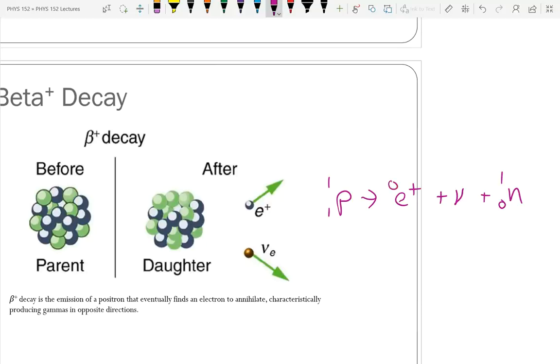What's the subscript going to be for this positron? 1 is equal to 0 plus 1. And so that's how you balance the beta plus decays. The positron is a subscript 1 because it's effectively converting a proton into a neutron.